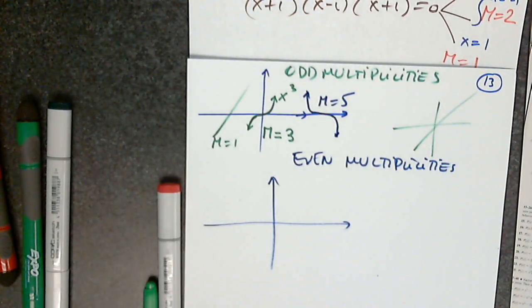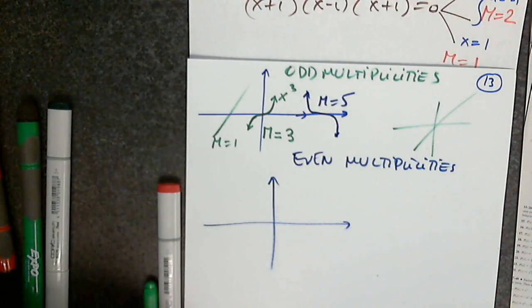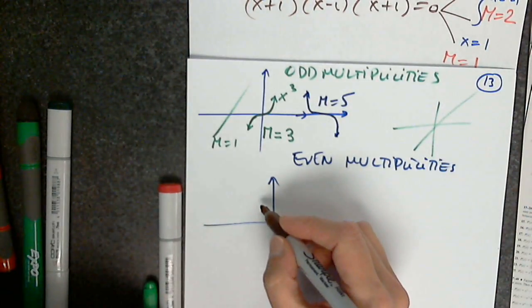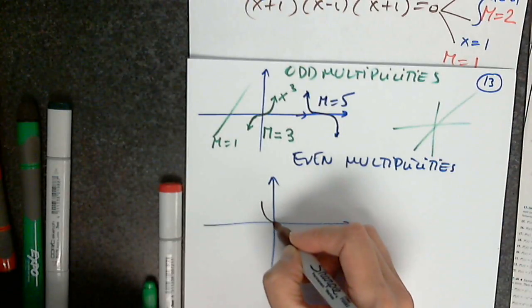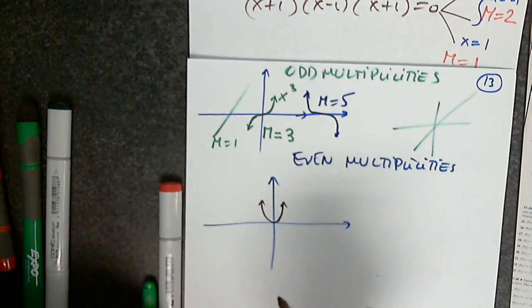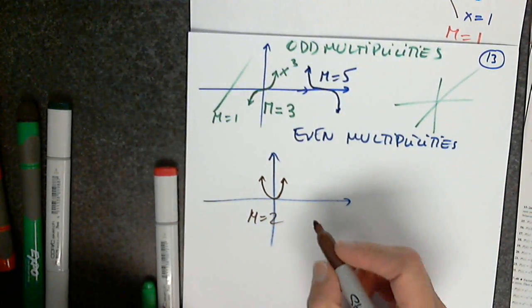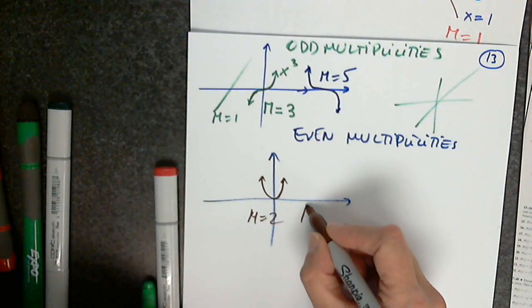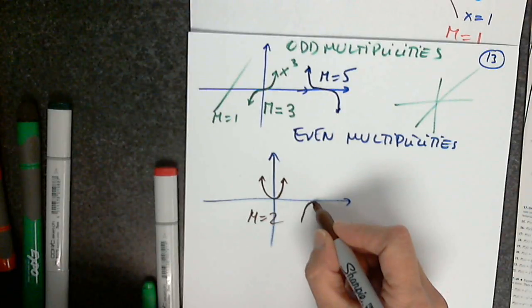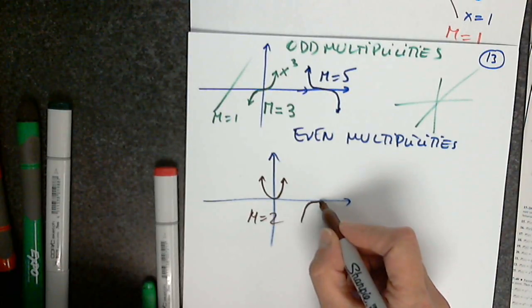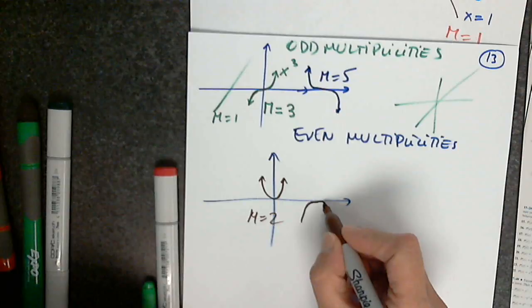What about multiplicity 2? How does this look? We already know multiplicity 2, of course, x squared. Here's multiplicity 2. What about 4? Slowly, slow, slow.